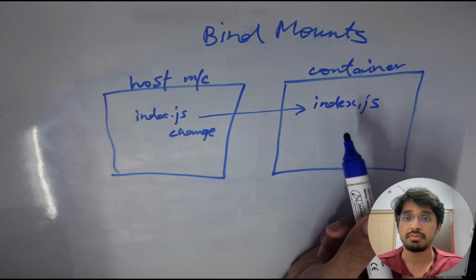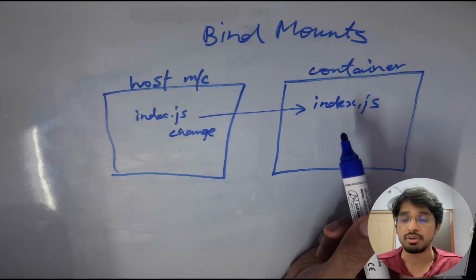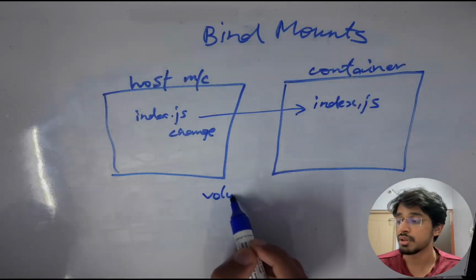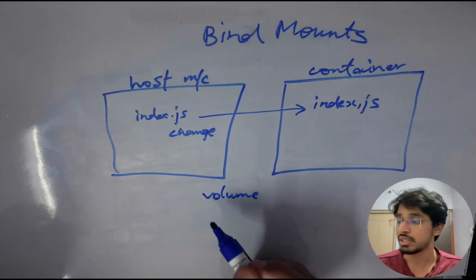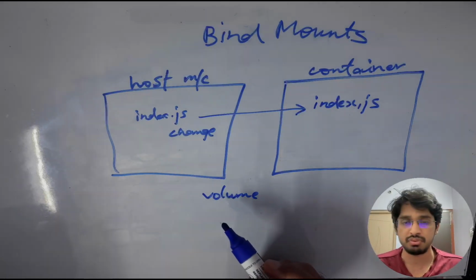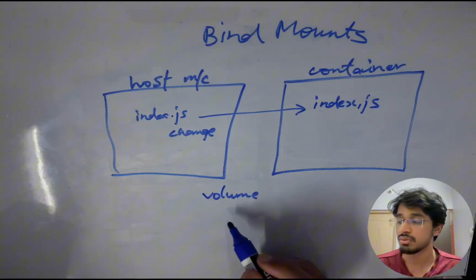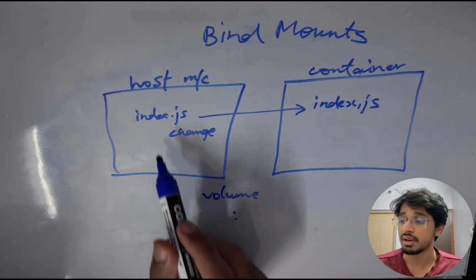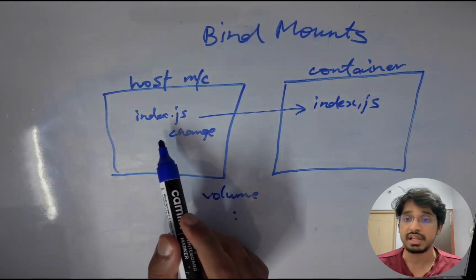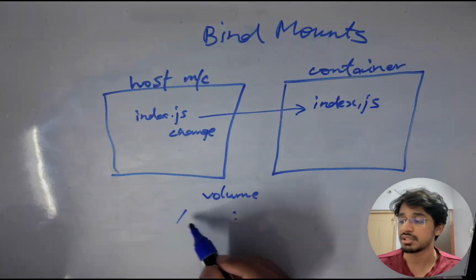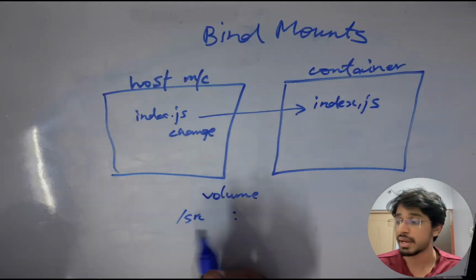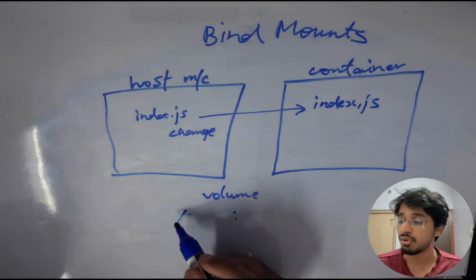In order to construct a bind mount, before we start a container, we just need to give it a volume. This is called a named volume. There are two types of volumes, one is named and one is anonymous. I'll come to that. Within it, we need to specify the path of where our host machine or source code is running, which is basically the nodejs backend architecture folder, if that is your folder name.